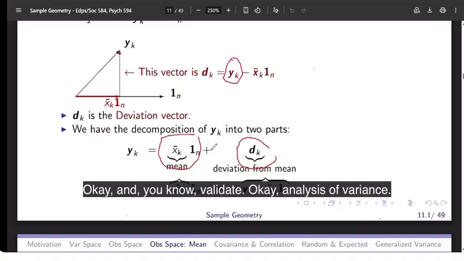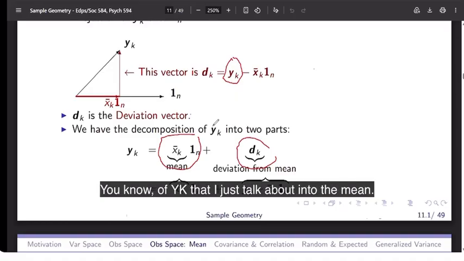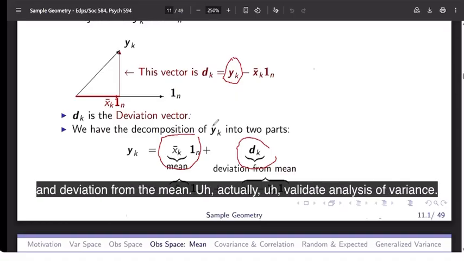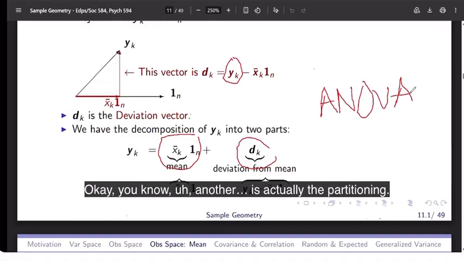The successful decomposition of y_k that I just talked about into the mean and deviation from the mean validates analysis of variance. Most of you have heard about what we call ANOVA. ANOVA is actually the partitioning of the total sources of variation into various components.